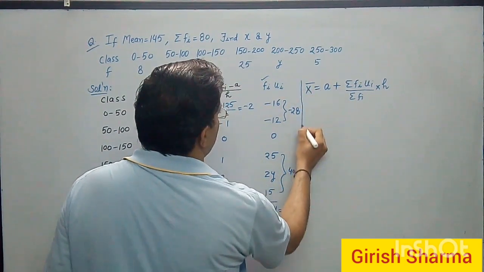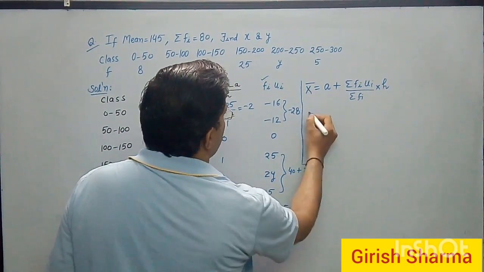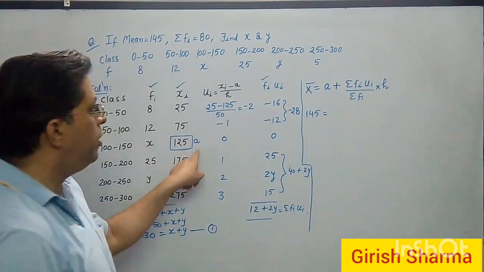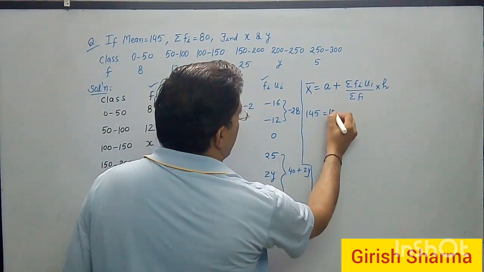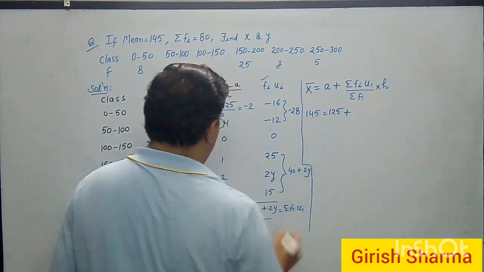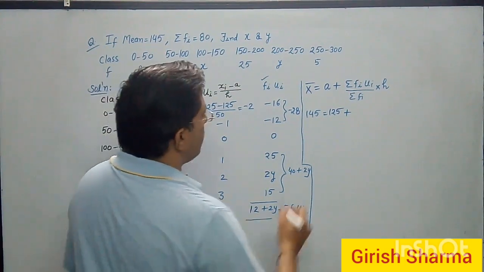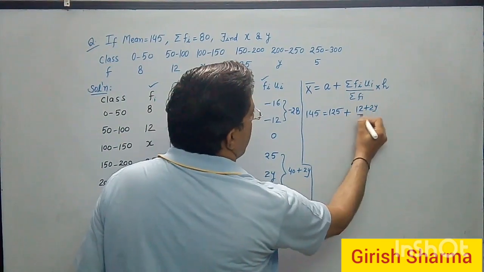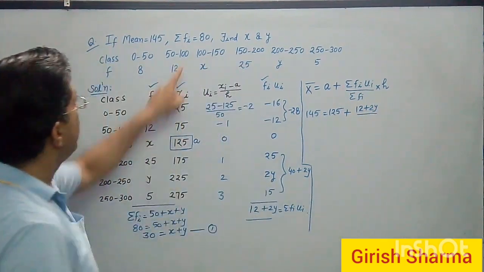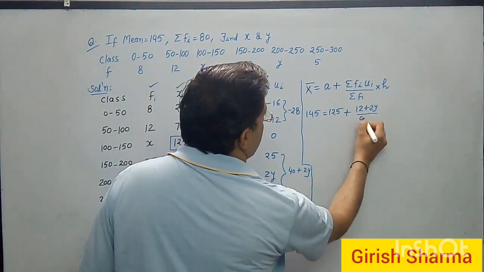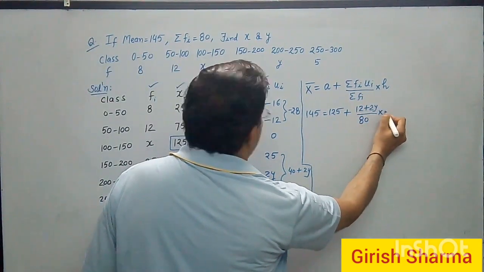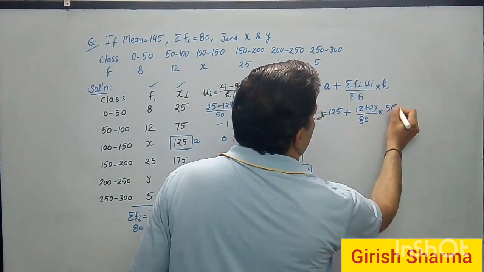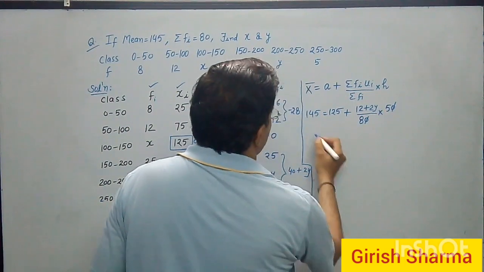This is 145. A is 125, very clear. fi ui is 12 plus 2y. What is sigma fi? It is 80. And h is clearly 50. So what to do? Look at this.